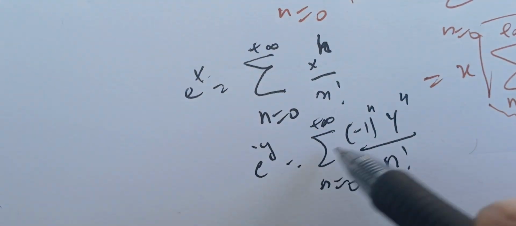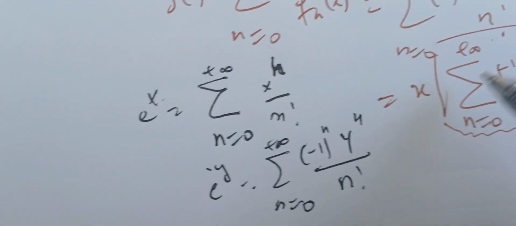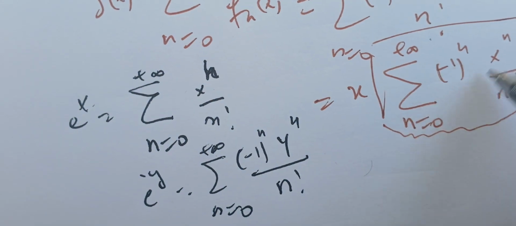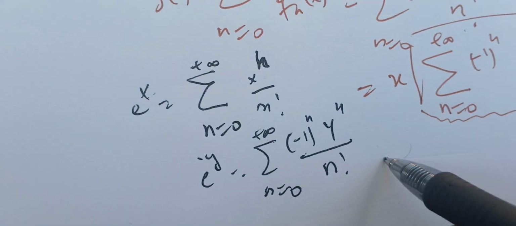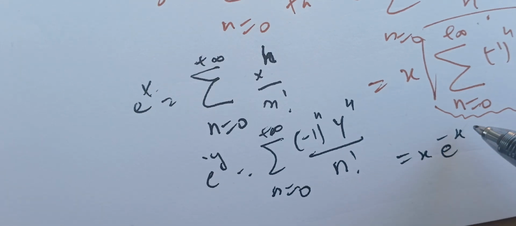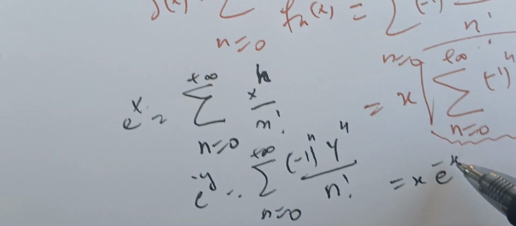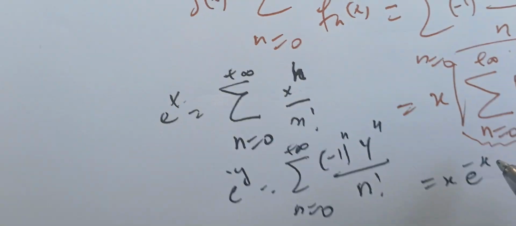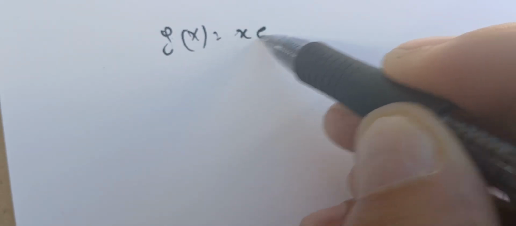And from here I can see that this is just x times e to minus x. Okay, and therefore my g of x is just x e to minus x.